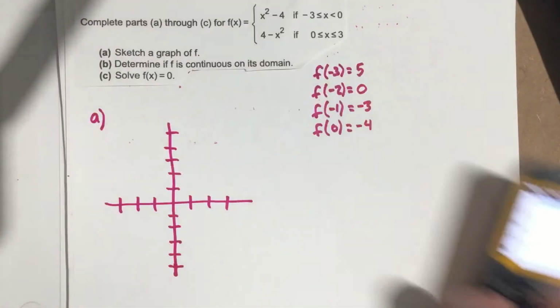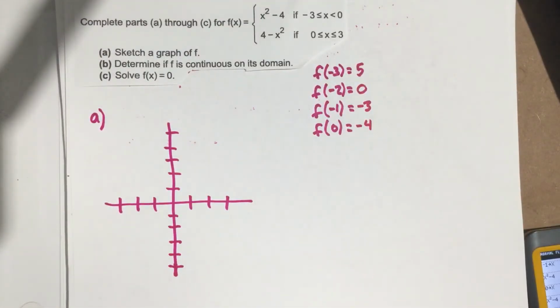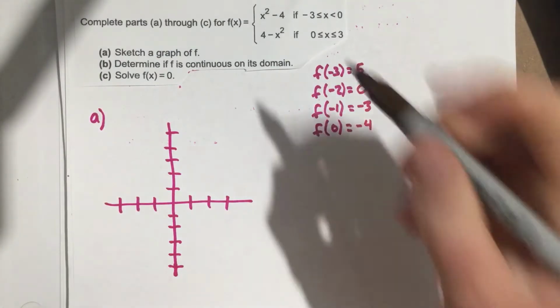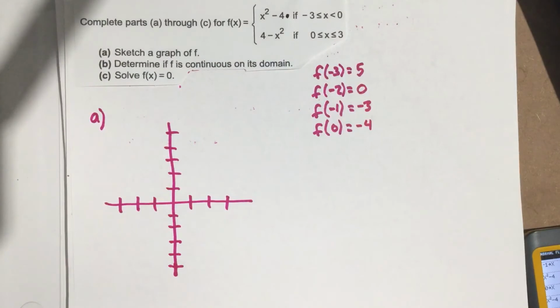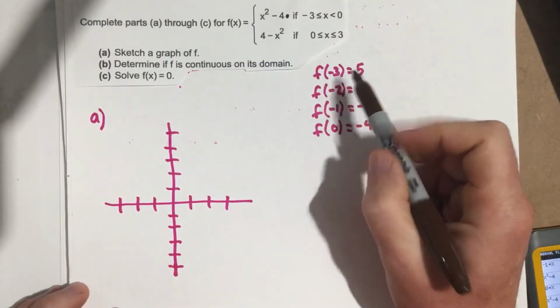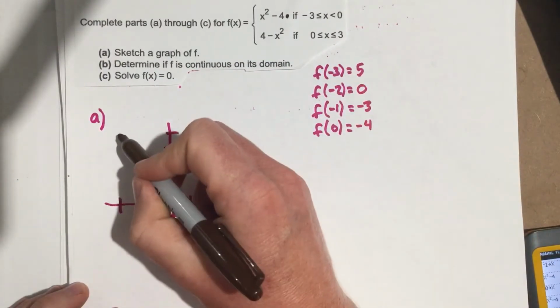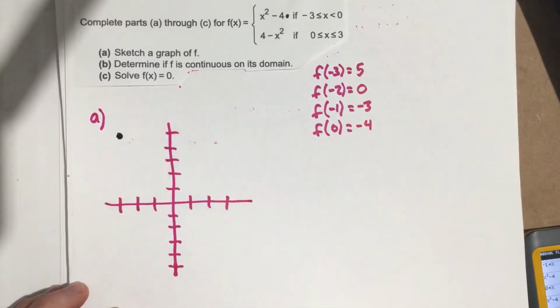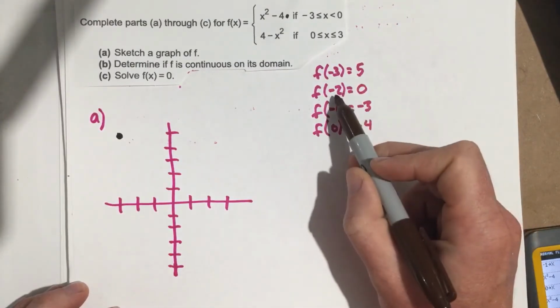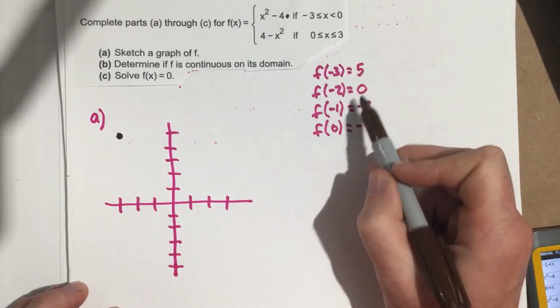So let's graph it now. Graph in a different color. This first part, we're going to label it brown. So x squared minus 4, when I plug in -3, I get 5. -3, 5 is up here, and that is part of the domain. So I'm going to close dot on that one. -2, 0.